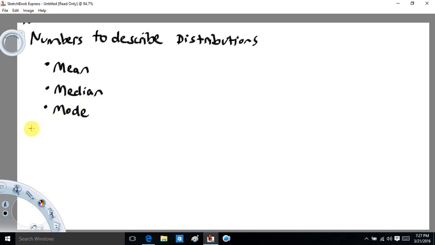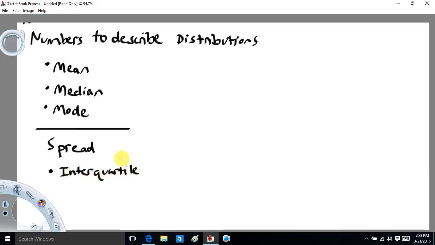And also, in addition to these, we're going to be talking about measuring spread. So there's two different measures that we want to talk about: the interquartile range and the standard deviation.